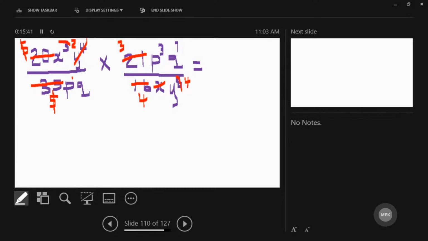For the p's and q, p can go into p cubed and leave back p squared. And q can go into q to the 7th power and leave q to the 6th power. All right, so what we have left, no coefficients at the top. We have an x squared, we have a p squared.